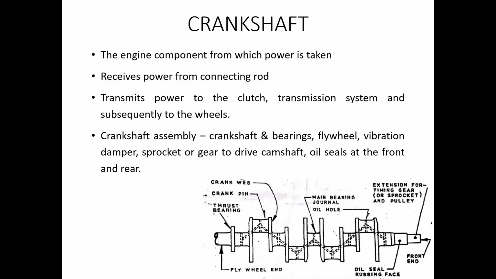So the crankshaft derives its power from the connecting rod, and the connecting rod derives power from the piston. And this crankshaft will transmit the obtained power to the clutch and then to the transmission system, and the transmission system in turn transmits this power to the wheels for the movement of the vehicle.